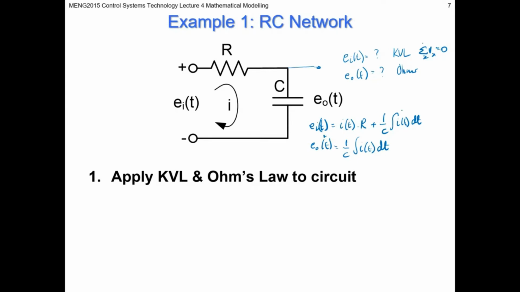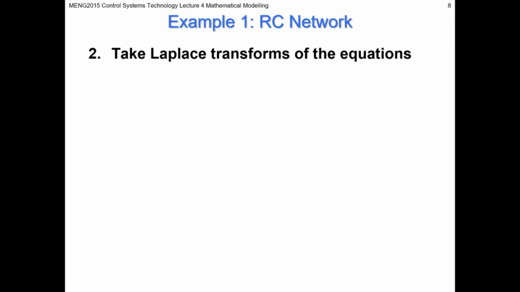You might not see a differential, but you're seeing an integral, and integrals and differentials are related. In this case we don't actually have a differential term, but we do have two integral terms, so it makes it a system of ordinary differential equations just the same. So what we're going to do next is take Laplace transforms of these two equations.